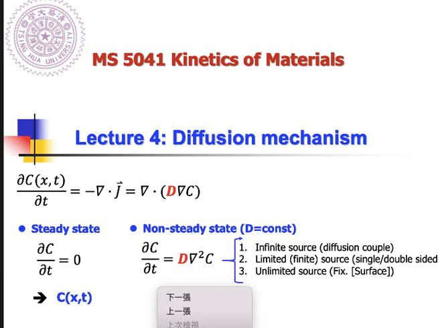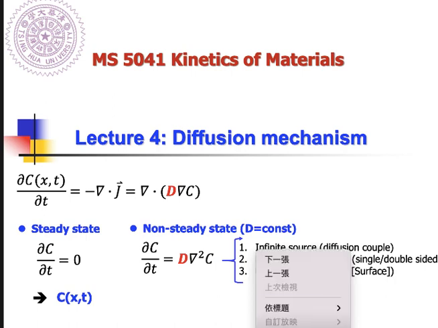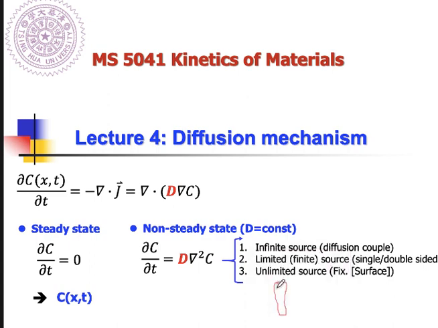So for example, what we have here is, a little bit ugly, a silicon substrate, and then we deposit a very thin, limited layer of diffusing atoms on top of this substrate and allow diffusion to happen.